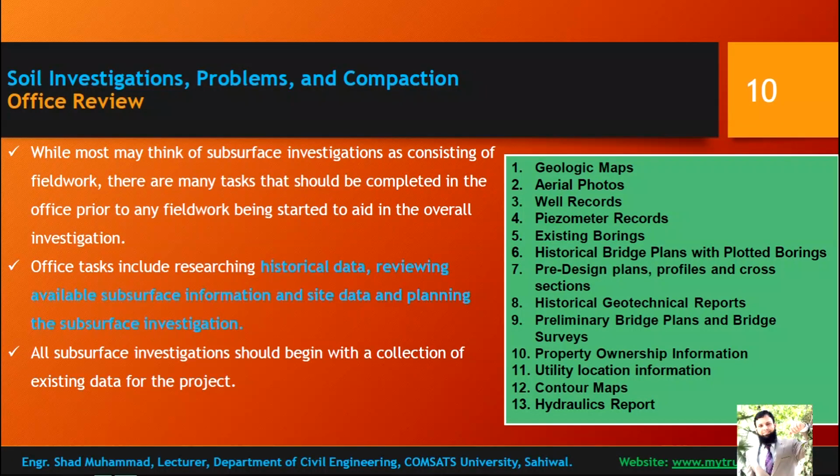Soil investigation includes office review. While most may think of subsurface investigation as consisting of field work, so many of you will be thinking that geotechnical investigation directly deals with in situ testing, or taking samples from the field.